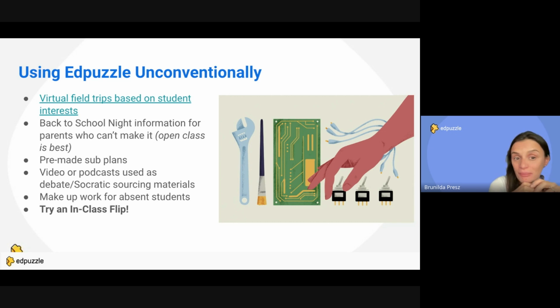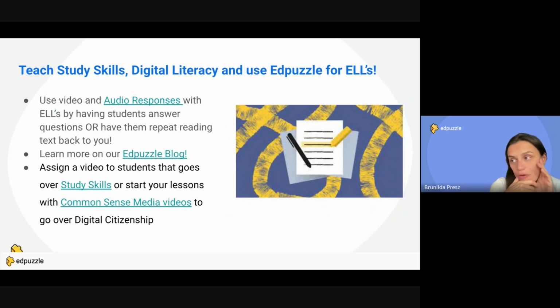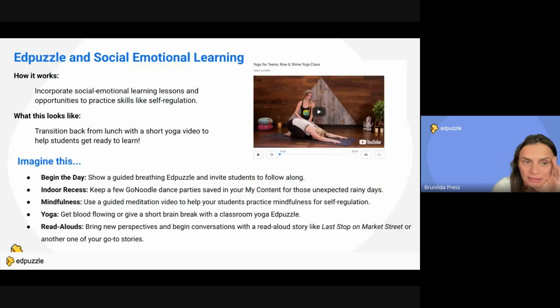You can make pre-made sub-lesson plans, a video or a podcast using Socratic sourcing materials, make up work for absent students. So you can use it in different ways. Again, I spoke about audio responses. We have an Edpuzzle blog that we have more resources, and you can assign a video to students that go over study skills or start your own lessons. You can utilize Edpuzzle for social emotional learning.